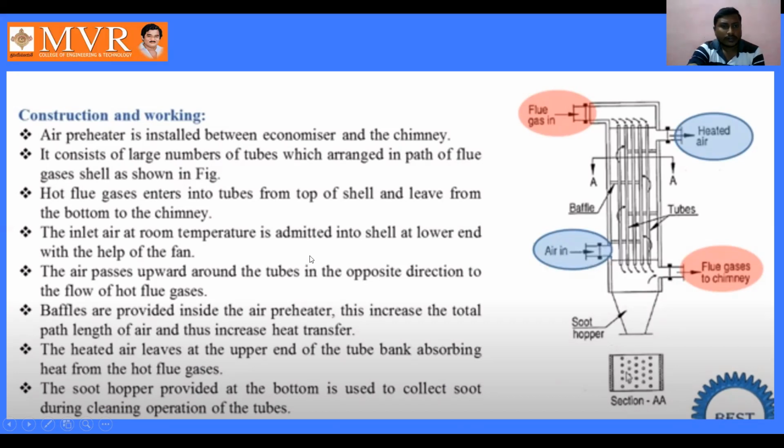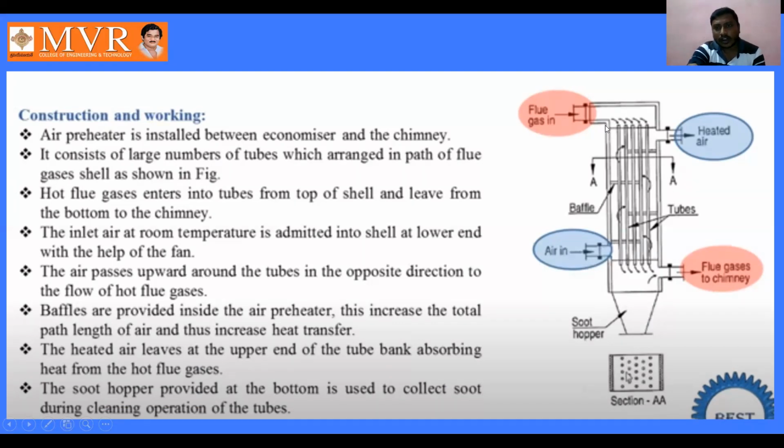By using the fan, the air enters the shell, and the air passes upward around the tubes in the direction opposite to the flow of the hot flue gases.